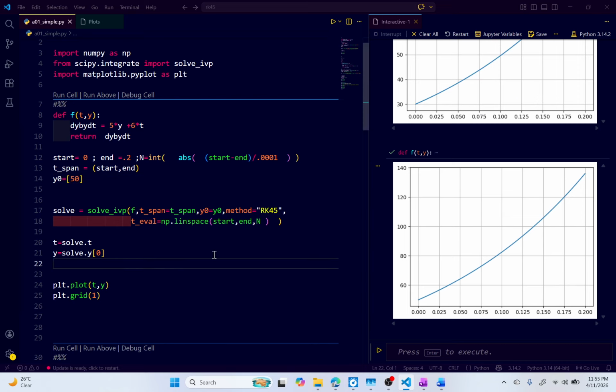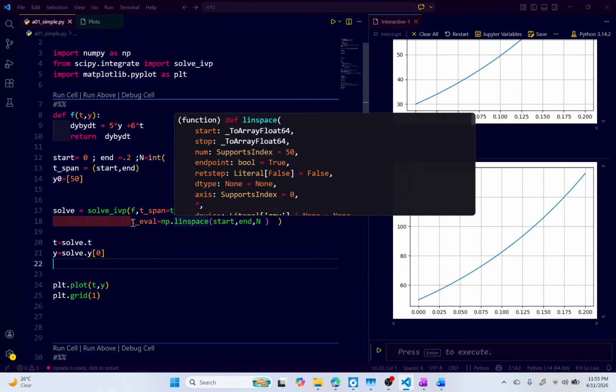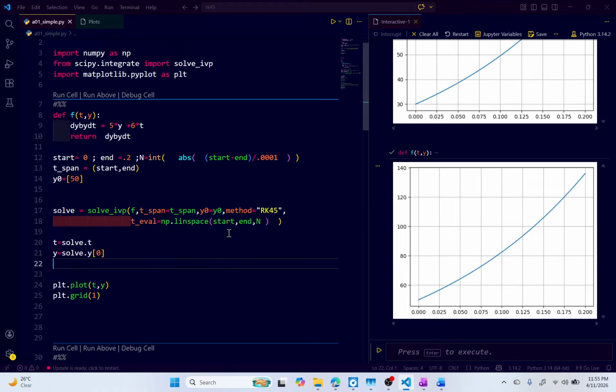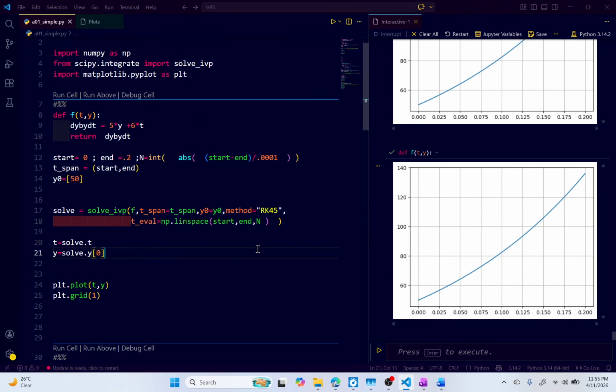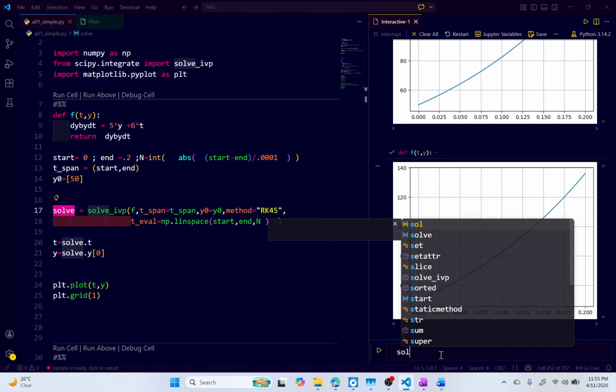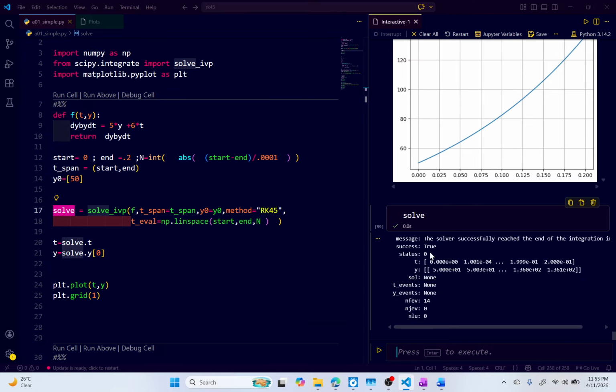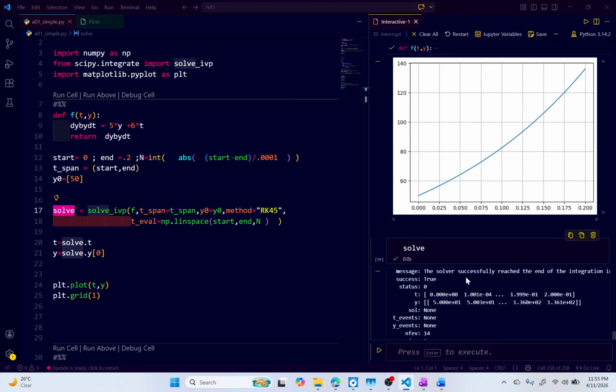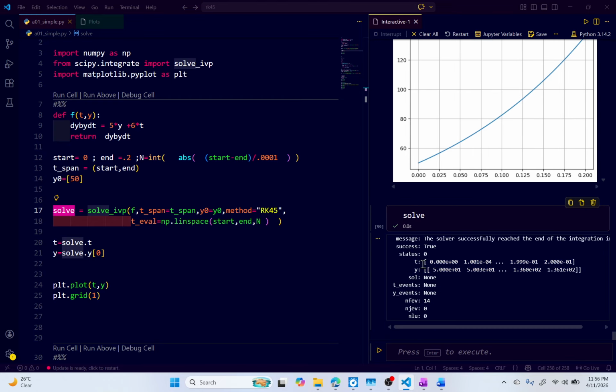Now the method is RK45, and then t_eval. What is t_eval? Let me tell you later, but after running this code, let me show you what is inside solve. Inside solve we have many things, but we have to focus on t and y. How to access t?